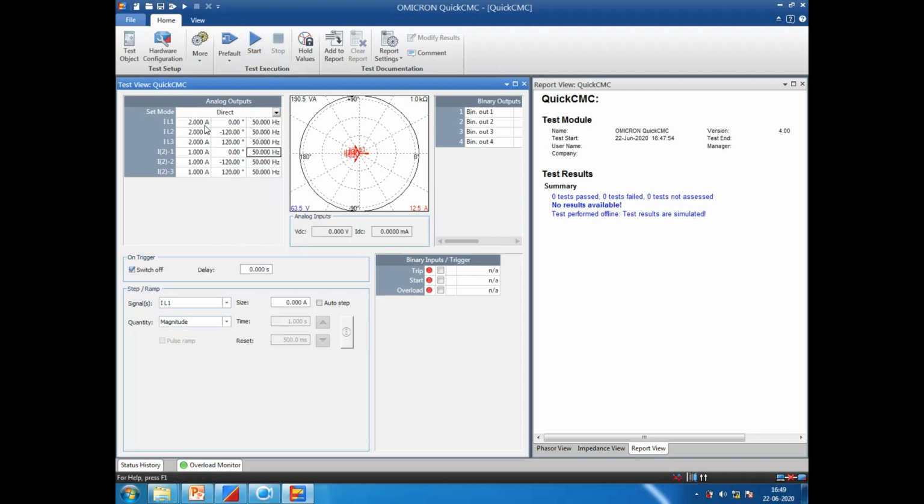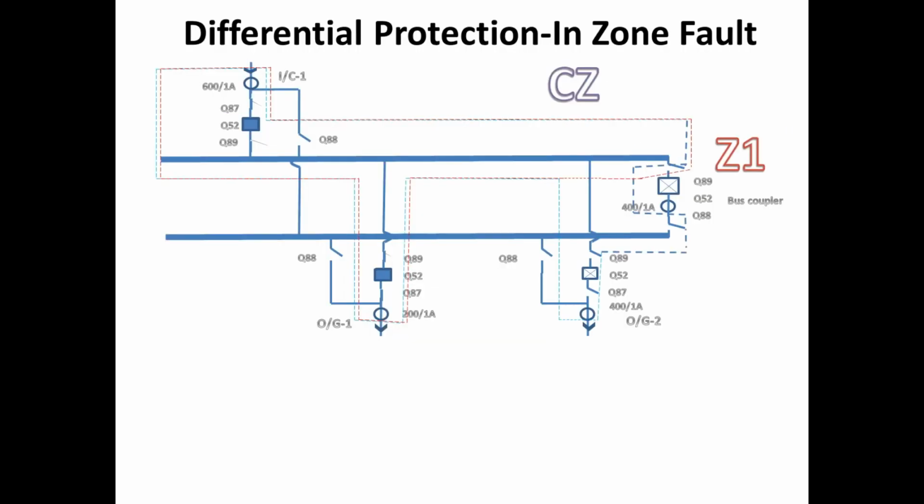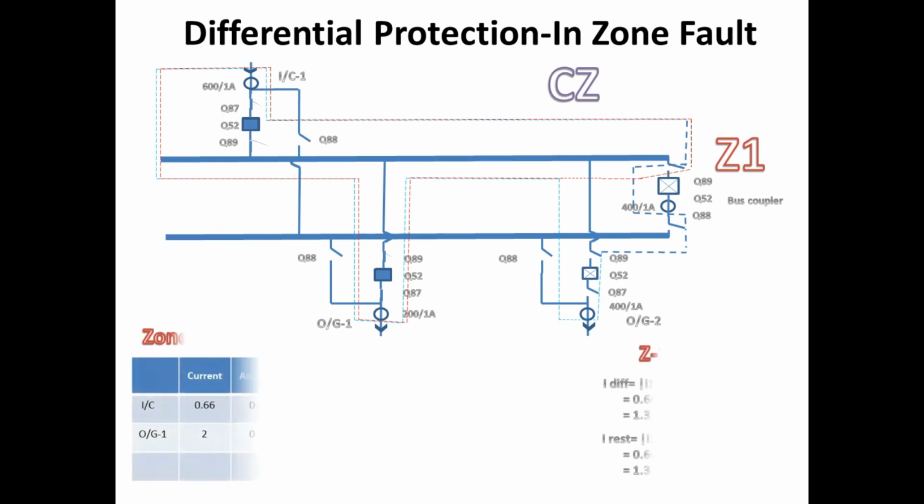When I make the angle difference 0, both currents get added, and we get I differential 1.32.